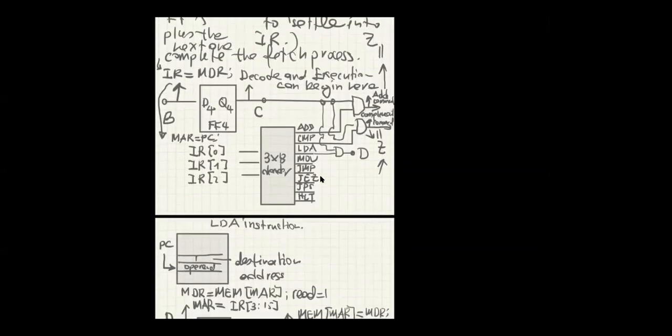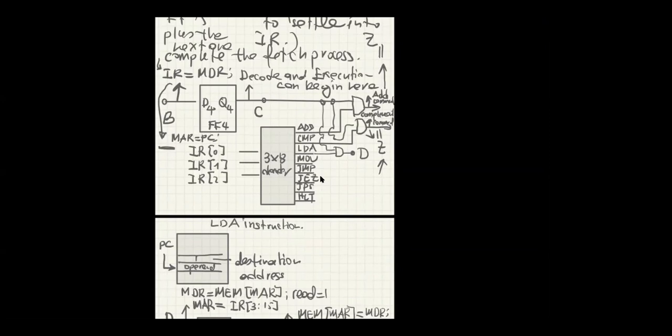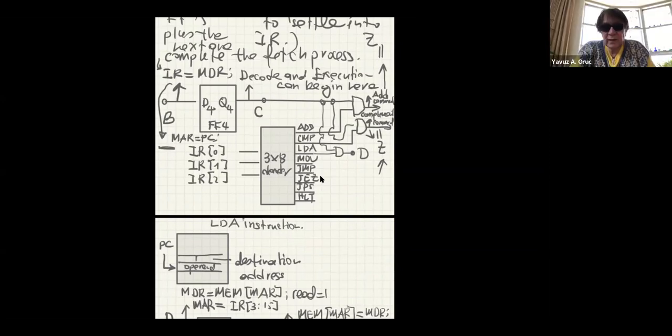Yes. So you can see that if I didn't do it there, where I say in B, the MAR equals PC, right? You see that, like there? Yes. Okay, so that saves me a clock cycle. I could have waited until I get to C to do it, but then I would have had to wait for a clock cycle for that to happen.